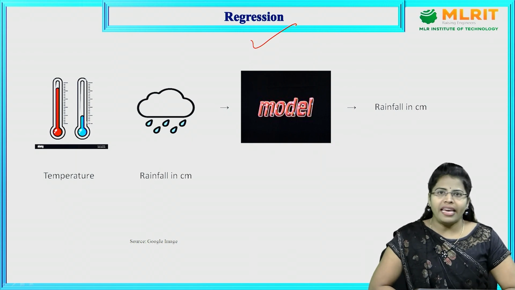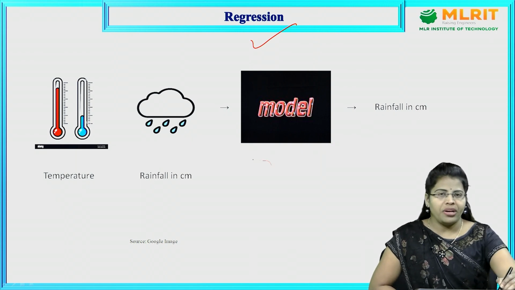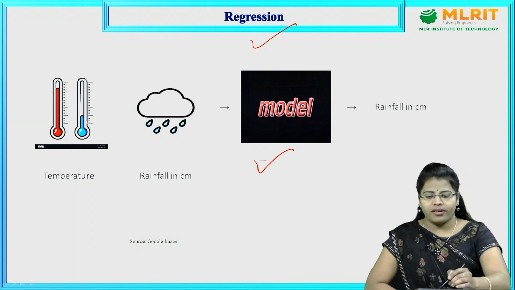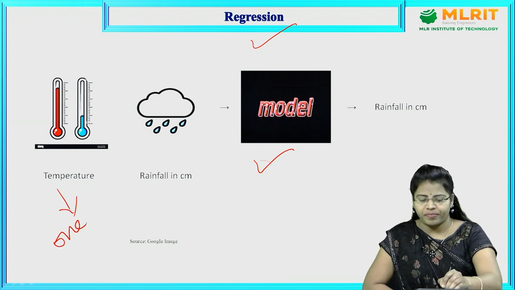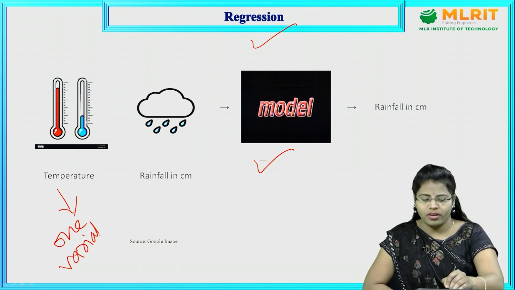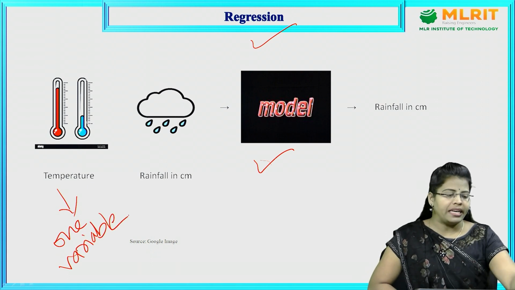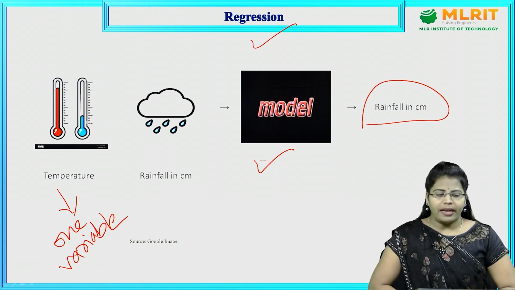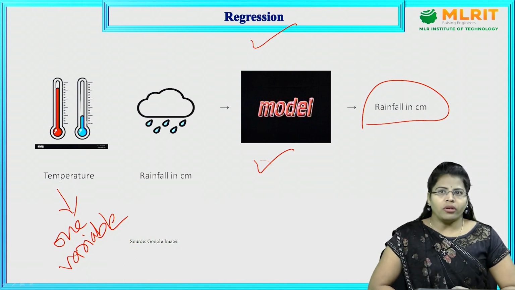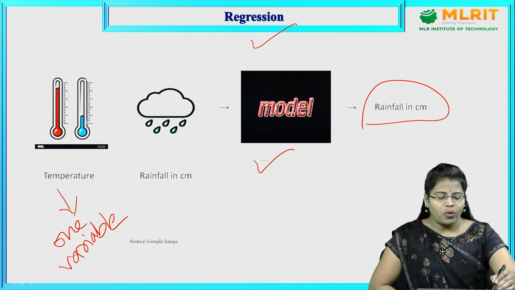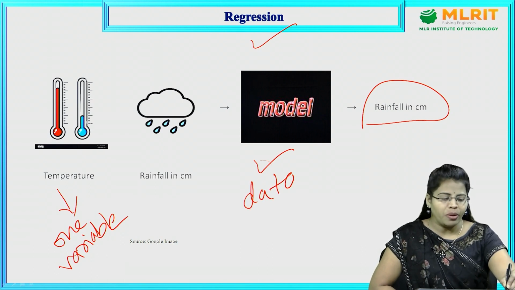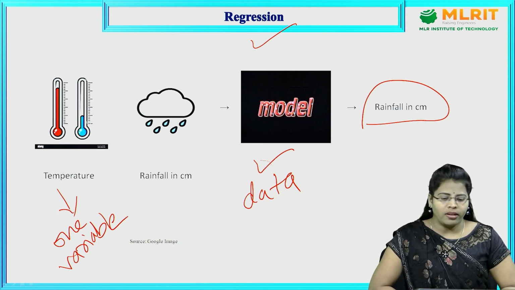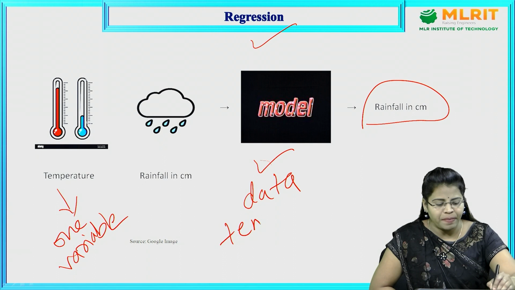As you can see in the image, we are going to train the model by using temperature as one variable. We are going to predict the output, rainfall in centimeters. That means we are going to train the model by providing data to the model, like for this much amount of rainfall, we are giving some temperature value.